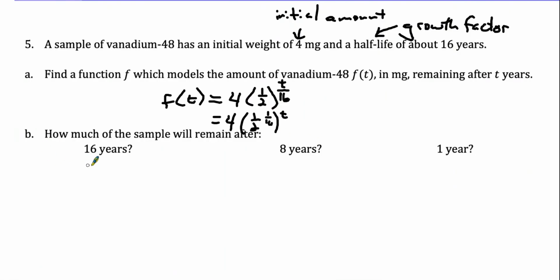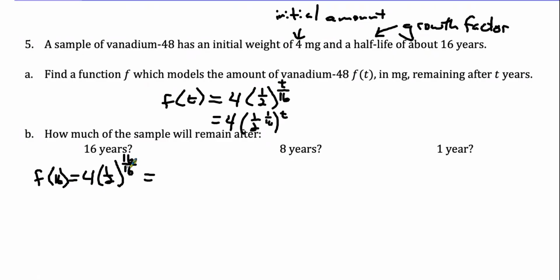So then for part B, all I need to do is plug 16, 8, and 1 in for t into this function. So I can do f of 16. That would just be 4 times 1/2 to the 16 over 16 power. Now for this one, 16 over 16 is just 1.